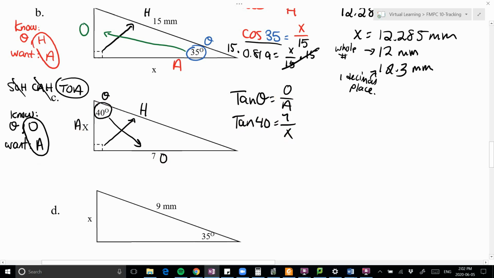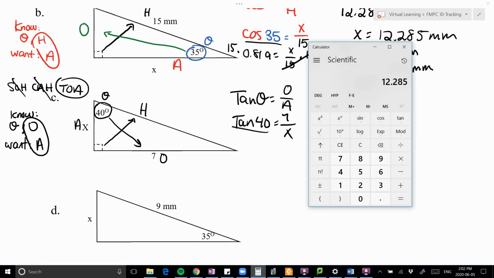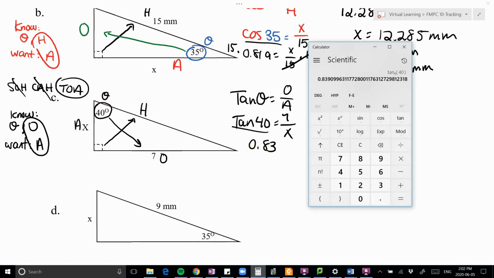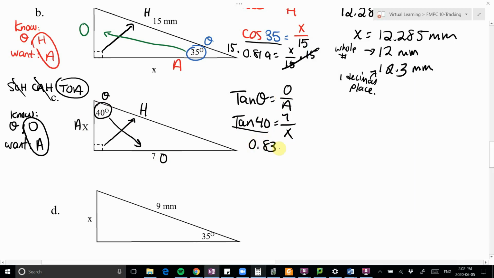We need to solve for x. First step, if I can, let's get rid of that tan. So we're going to go tan 40 or 40 tan, depending on your calculator. 0.8390, which will stay at 0.839. Now we want to get rid of my x.